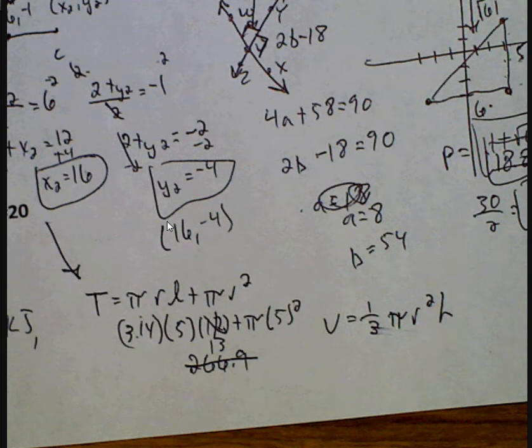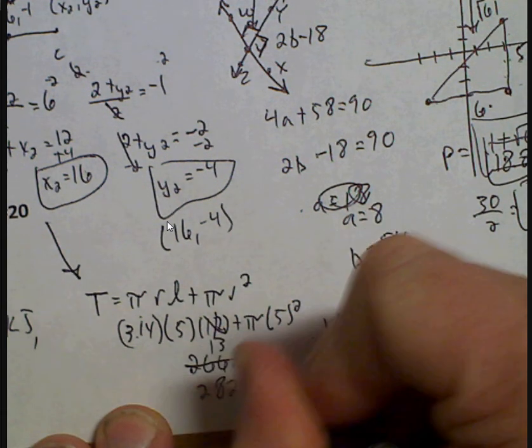I have to add this to 3.14 times 5 squared. That gives me 282.6. That's much better.